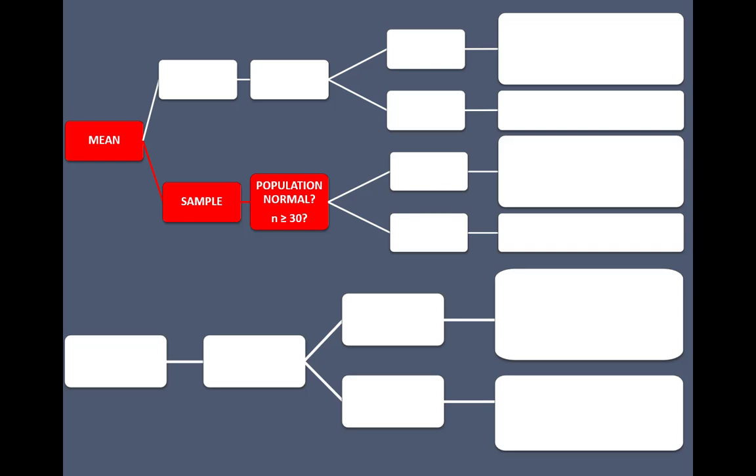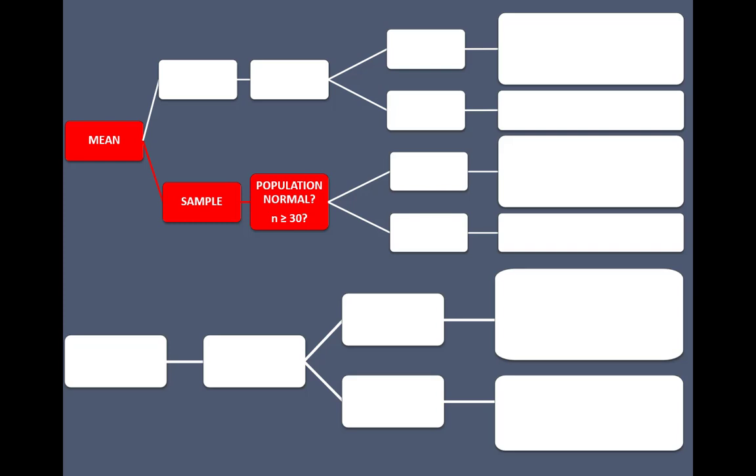The other route I could go down if this was a question regarding mean is where we're dealing with a sample, dealing with more than one observation. So now I have two options. Much like with a single observation, does the question come out and tell me that the population is normally distributed? Great. If it does, I can go ahead and do the question much like I could before.